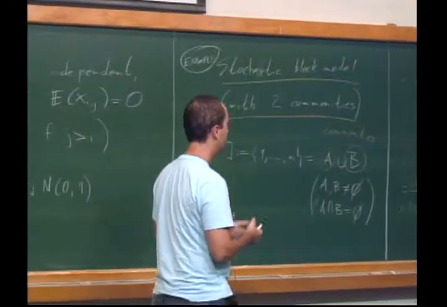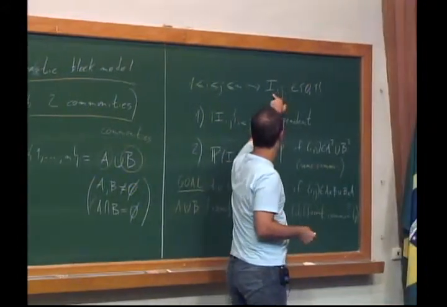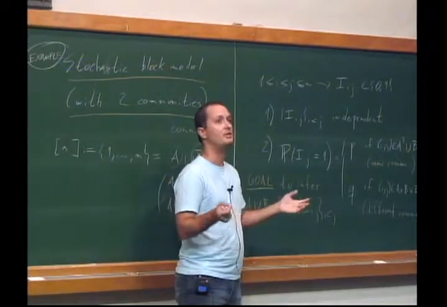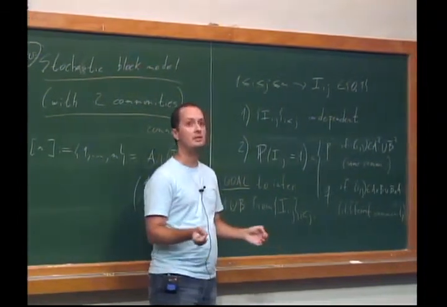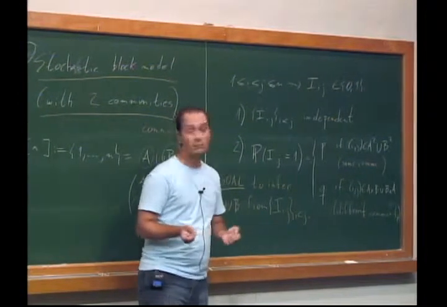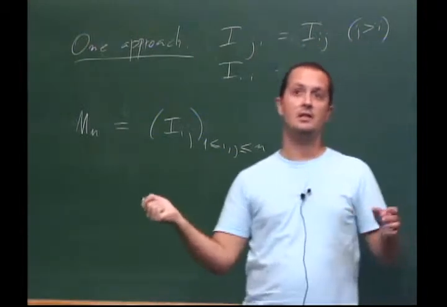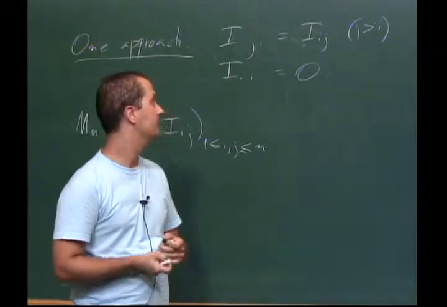When this random variable for ij equals 1, you say that i and j are connected, say they're friends, for instance. And if it equals 0, it means they're not connected, they're not friends. And here, what I'm doing is essentially imposing that friendship is symmetric, right? So I'm saying i is a friend of j if and only if j is a friend of i.